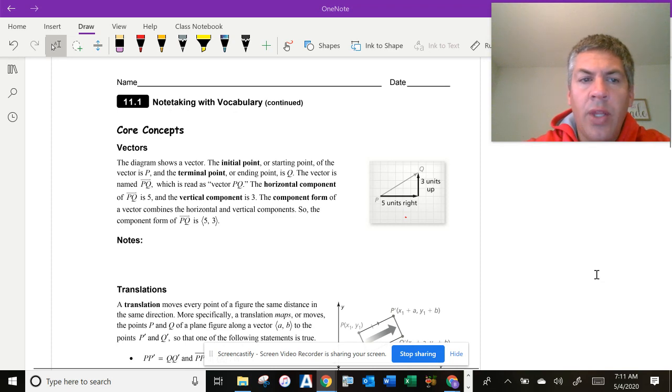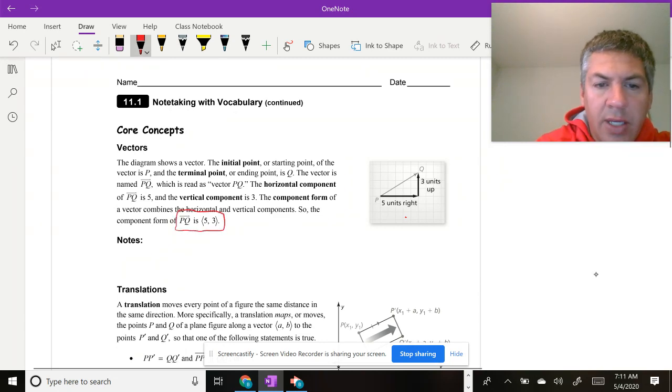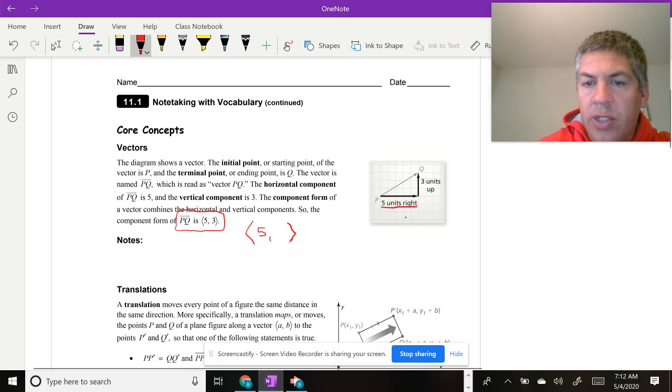But basically, one of the things that we want to be able to talk about is the concept of this vector. So vector terminology is right here, all right? It's like a parenthesis, but it's a sideways V, like an arrow, with the horizontal movement corresponding to how many units right or left, depending if it's positive or negative.